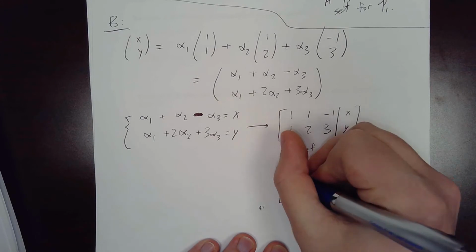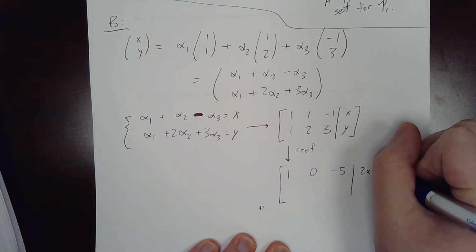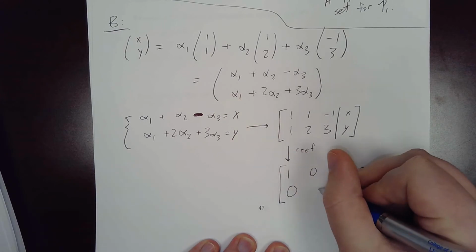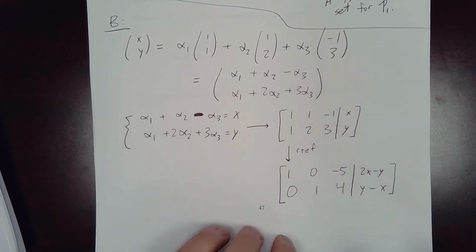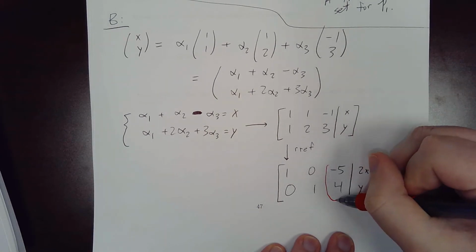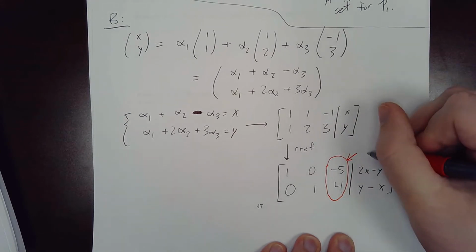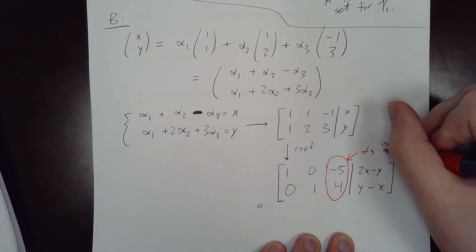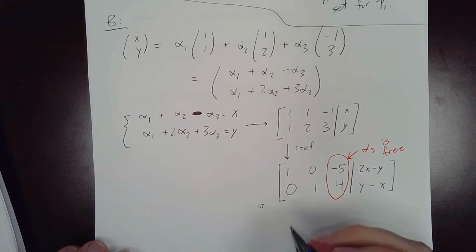We'll get 1, 0, negative 5, 2x minus y, and 0, 1, 4, y minus x. Notice that there's no leading term for this column. Because alpha 3 is a free variable, we end up with infinitely many solutions.